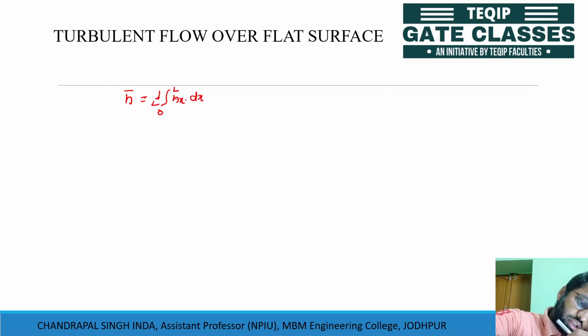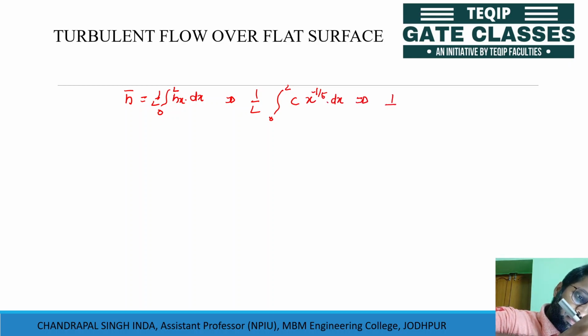Here we know that hx is proportional to x raised to minus 1 by 5. So we have 1 by L, integral from 0 to L, hx equal to constant times x raised to minus 1 by 5 dx.